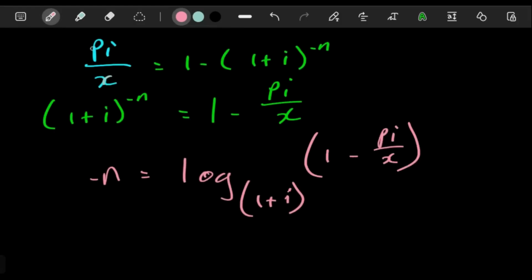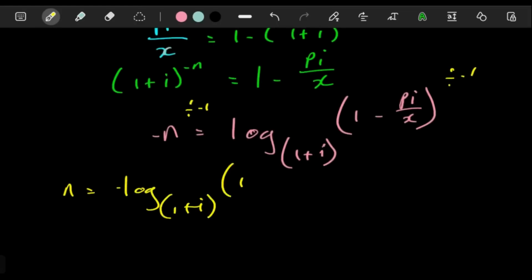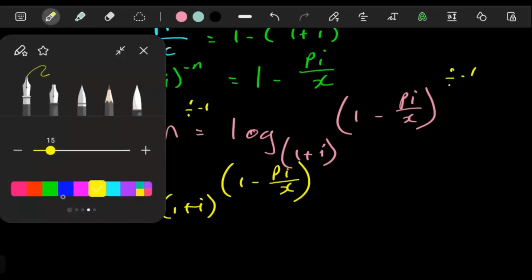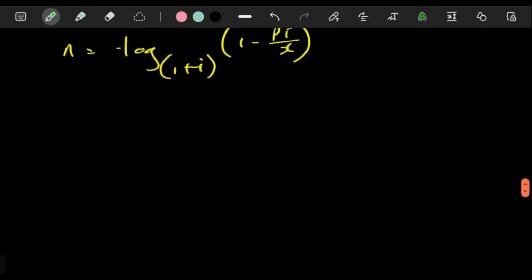When you divide by a negative on both sides, you're going to have n is equal to negative log 1 plus I. The reason I do this is because when you put all this into your calculator, you won't have to worry about rounding off, because that's normally where people lose marks, by rounding off too early. This avoids rounding off too early.